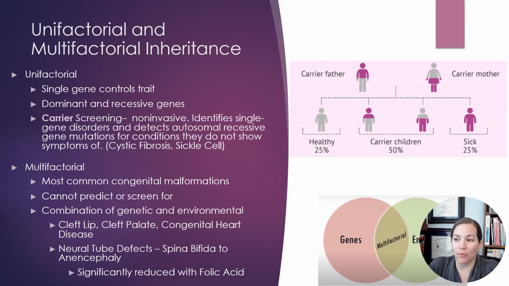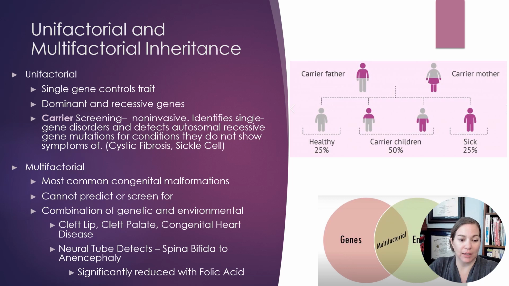Multifactorial are the most common types of congenital malformations. These can't really be predicted. They can't be screened for because it's not purely genetic, right? The environment plays a factor. Cleft lip, cleft palate, and congenital heart disease are all good examples of this. As we know, some of these can be related to the nutritional status of the mom while the baby's developing.